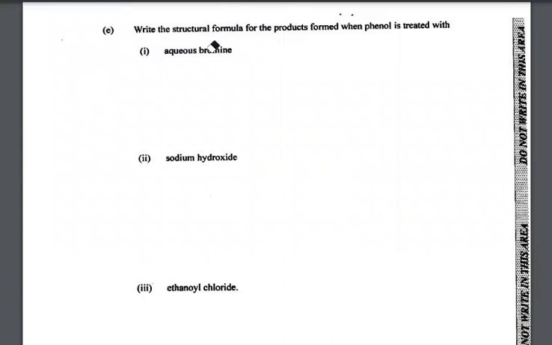All right, so this one: write the structural formula for the products formed when phenol is treated with aqueous bromine. By now, you can really see that the question does not change much, just the format of how they ask it. They're pretty much asking for the same thing each time.